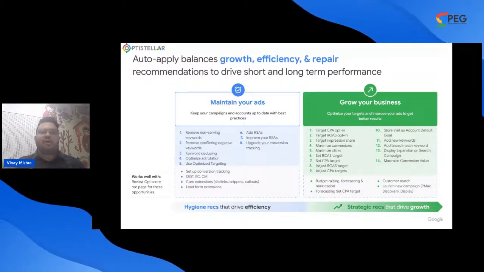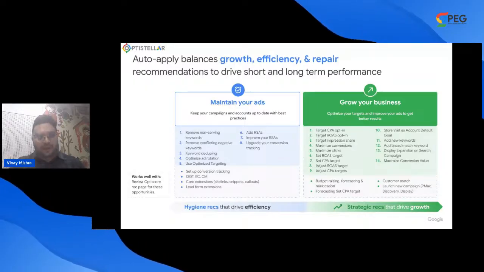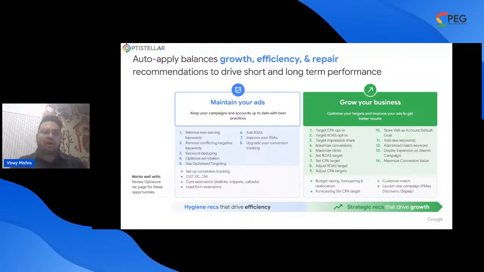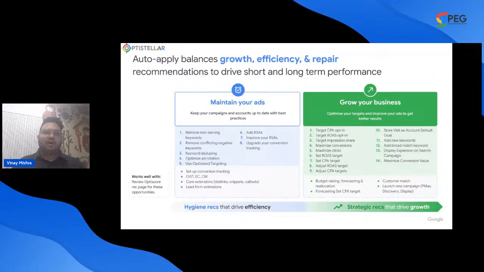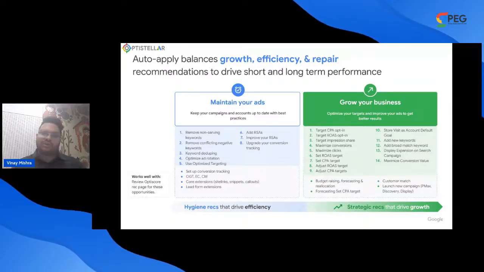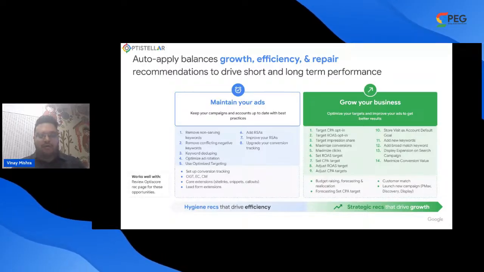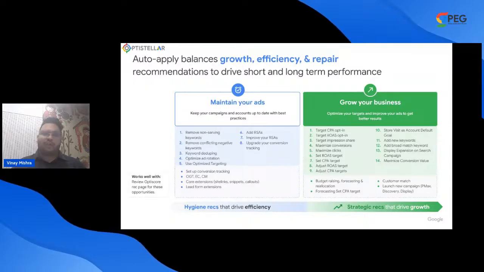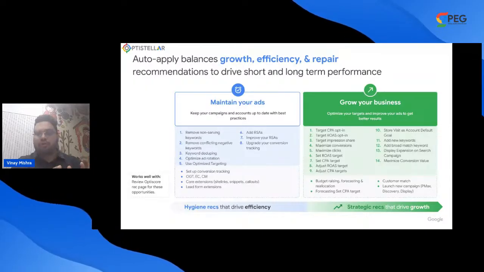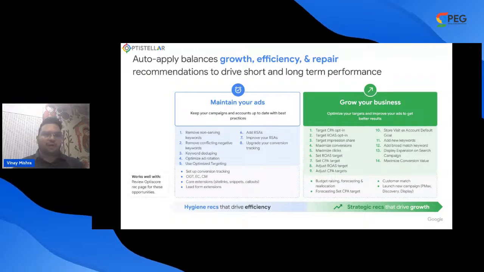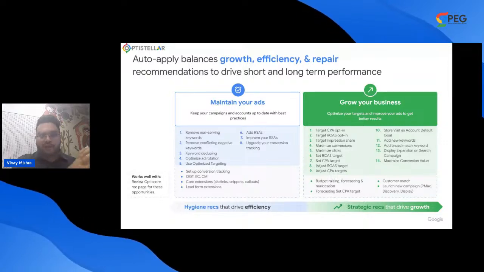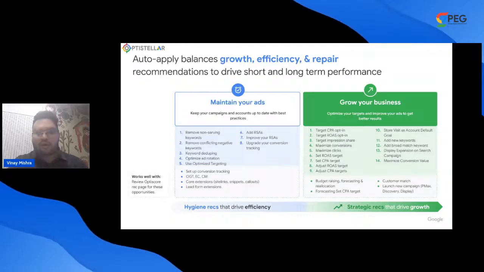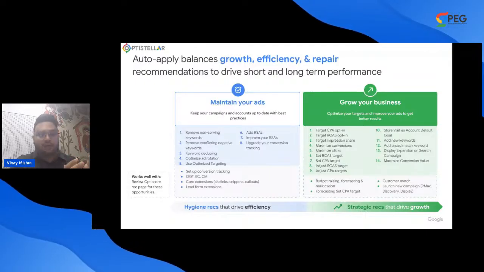Now here, when we are talking about maintaining your ads, we are talking about removing non-serving keywords, right? Let's say you have 15 to 20 keywords in your ad group or more, and we know that having more keywords also tends to push you towards a higher budget to accommodate all the keywords that you've added in your campaign, in the ad groups.